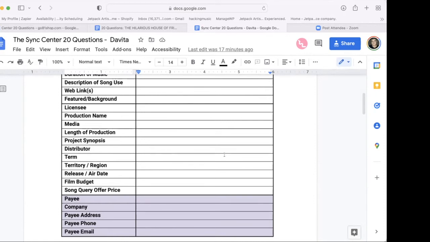Love it. So yeah, what we're doing is saving money for the project. The more money we save, the better it is for our filmmaker, the better it is for us. Length of production, project synopsis. What we put here a lot of times, Lexi, can get kind of technical and transactional. So we have to remember that artists are high feelers.